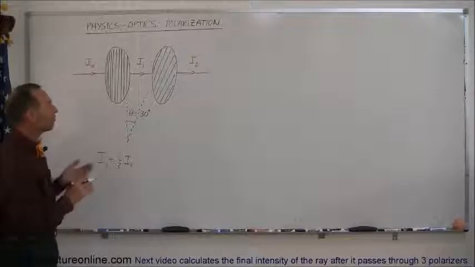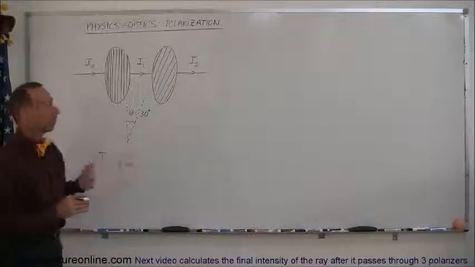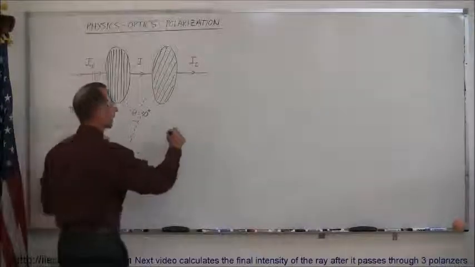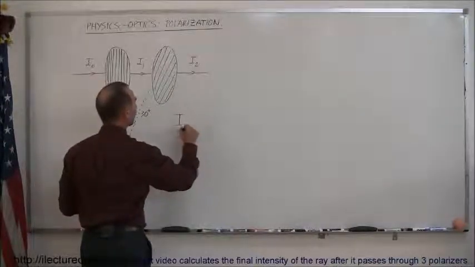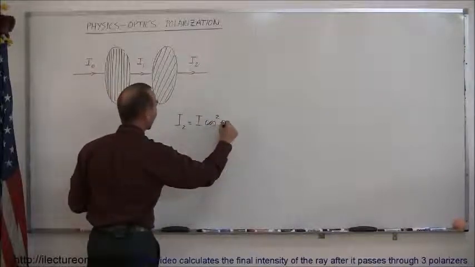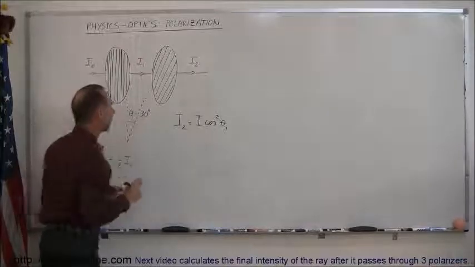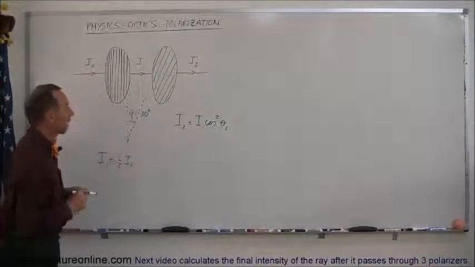But now, how do you figure out what happens when the light then passes through the second polarizer? Well, it turns out that the equation you use is I sub 2 equals I sub 1 times the cosine squared of the angle between the first and second polarizers. So let's call this theta sub 1.